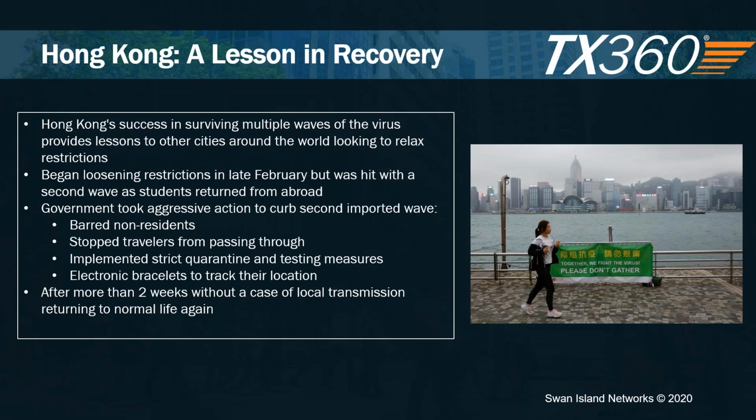The government there took very aggressive and very quick action to curb the second imported wave. This included barring non-residents and implementing strict quarantine and testing measures. Now, after more than 2 weeks without a case of local transmission, life there is returning to normal once again. So we can see that the idea of a resurgence is something that is possible here as well.